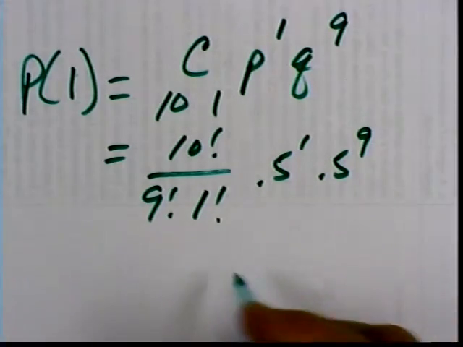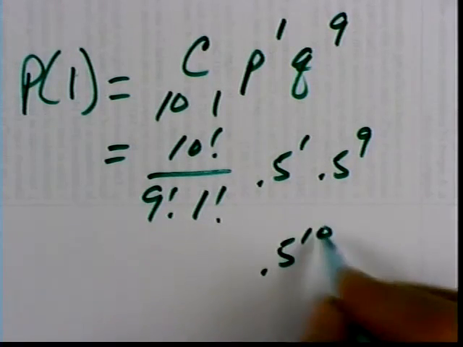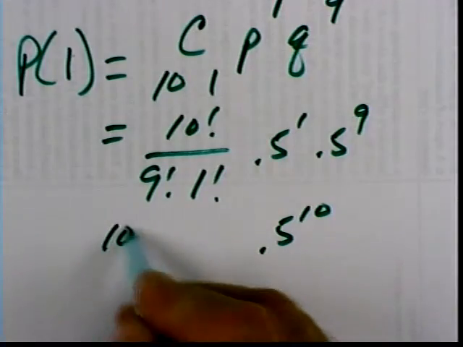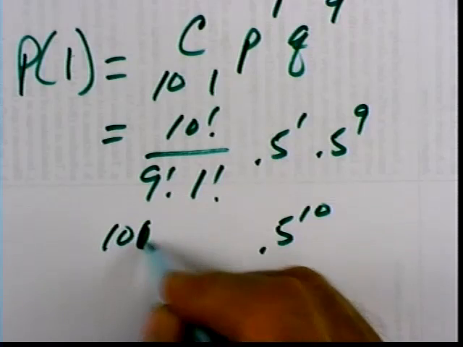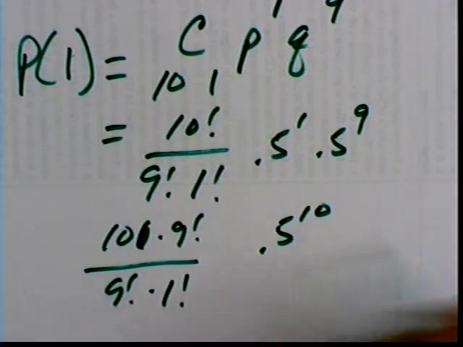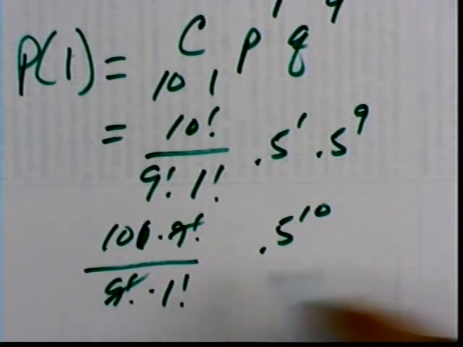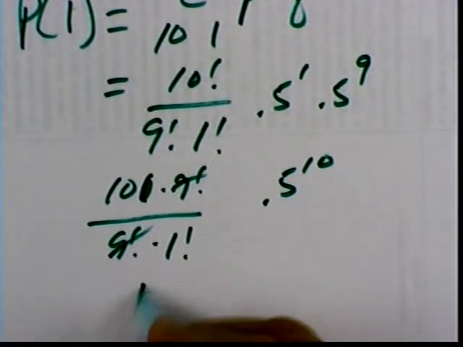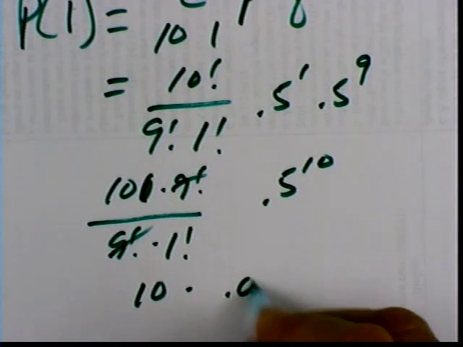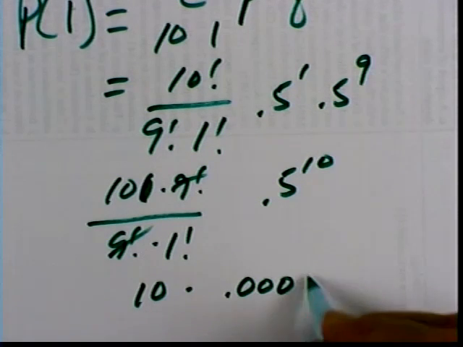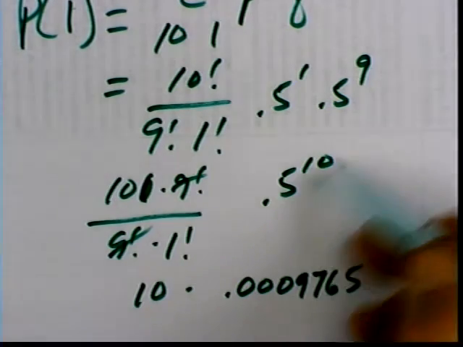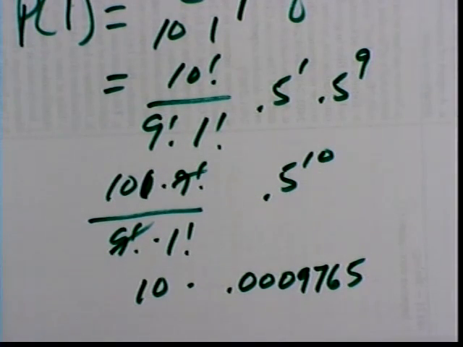Again, we can add that together and we get 0.5 to the 10, and we'd already calculated that. So this is going to be 10 times 9 factorial over 9 factorial times 1 factorial, which is 1. That cancels. So this is just going to be 10 times that number that we calculated earlier, 0.00096765. Remember, that's 0.5 raised to the 10th power if my calculator was right.